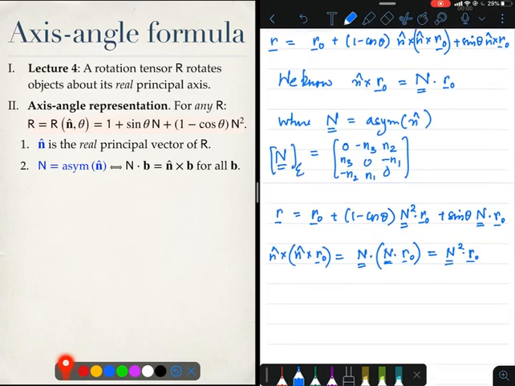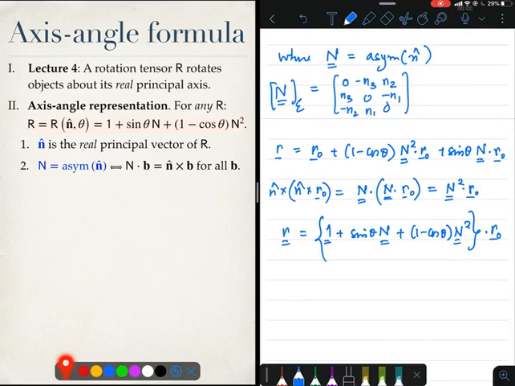Okay, so there I have a formula which looks very much like this, but still not yet done. So I can express r as identity plus sine theta n, that is this one is here, plus 1 minus cosine theta n square, this whole thing operating on r0. Okay, there.